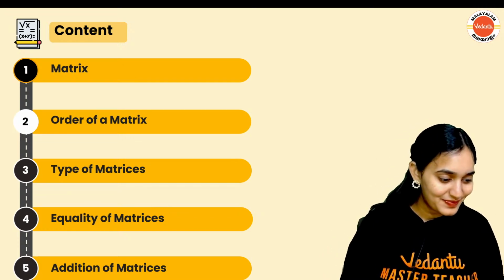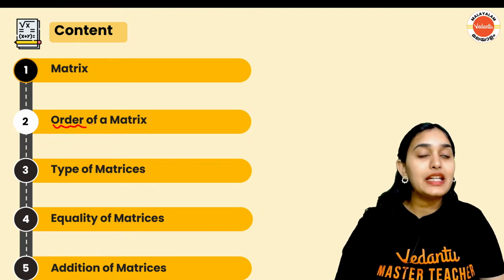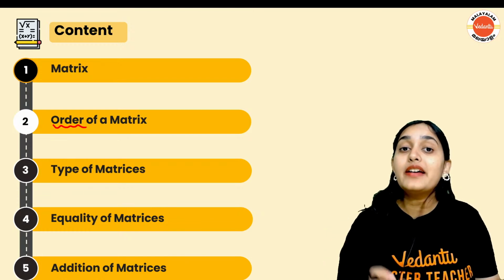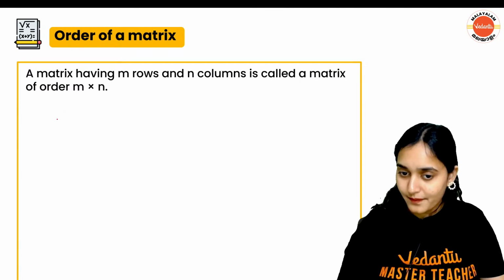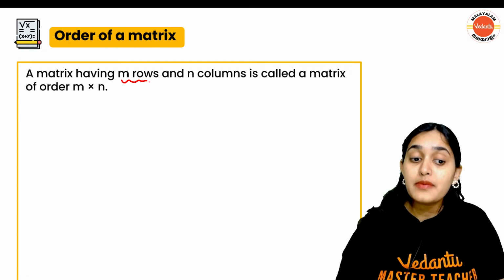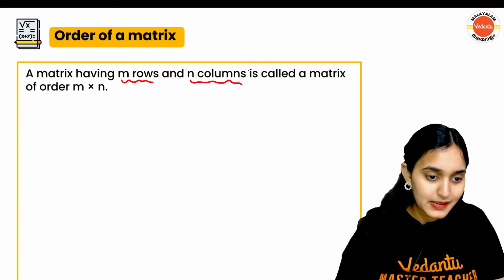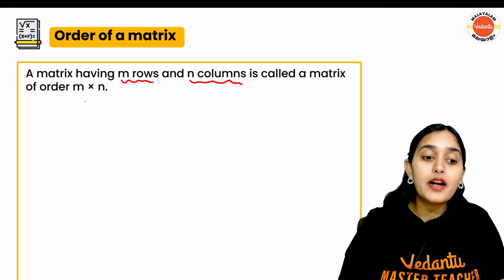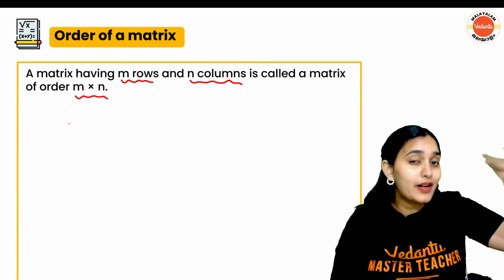Awesome. Now, a very important term that you need to know related to a matrix, and that is order of a matrix. What do we understand by order? Suppose we have a matrix which has m number of rows and n number of columns, then we say that the matrix is of order m by n. Can you understand it?